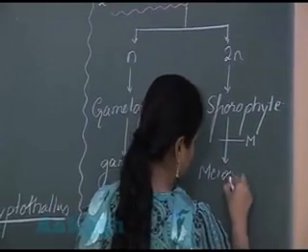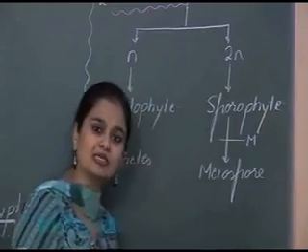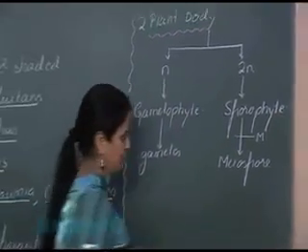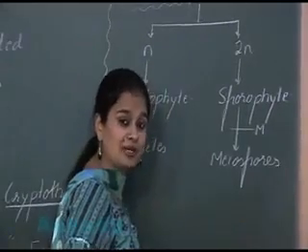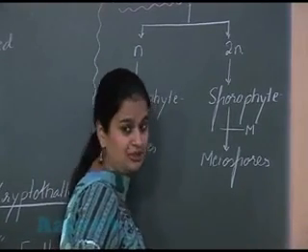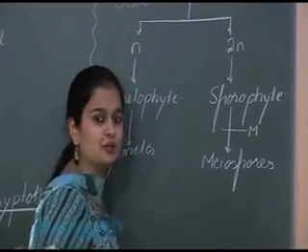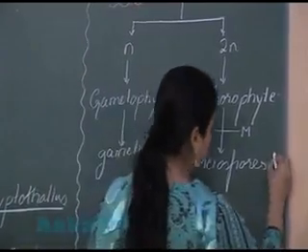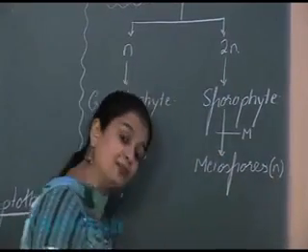So these spores, which are formed after meiosis, you can simply call meiospores. Spores are formed after meiosis, after the reductional division. That's why in the spore, instead of two sets of chromosomes, there is only one set. That is the haploid condition.